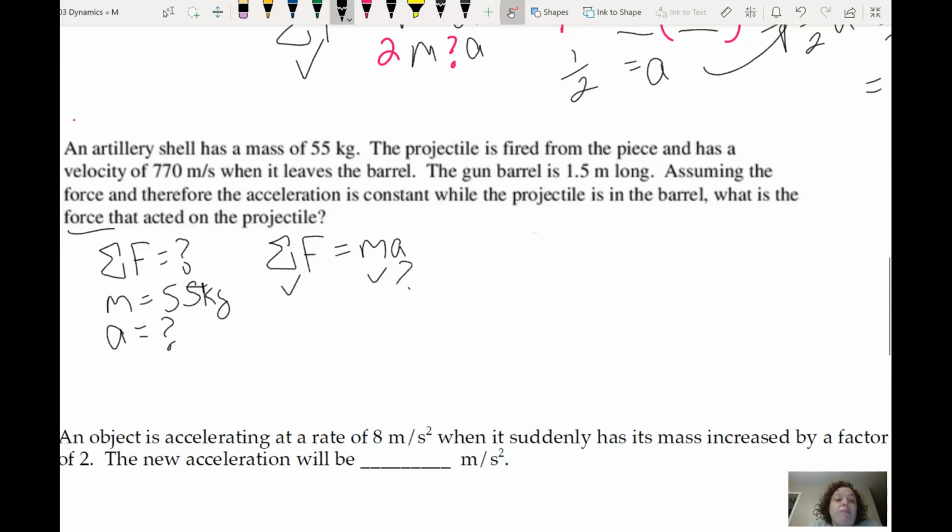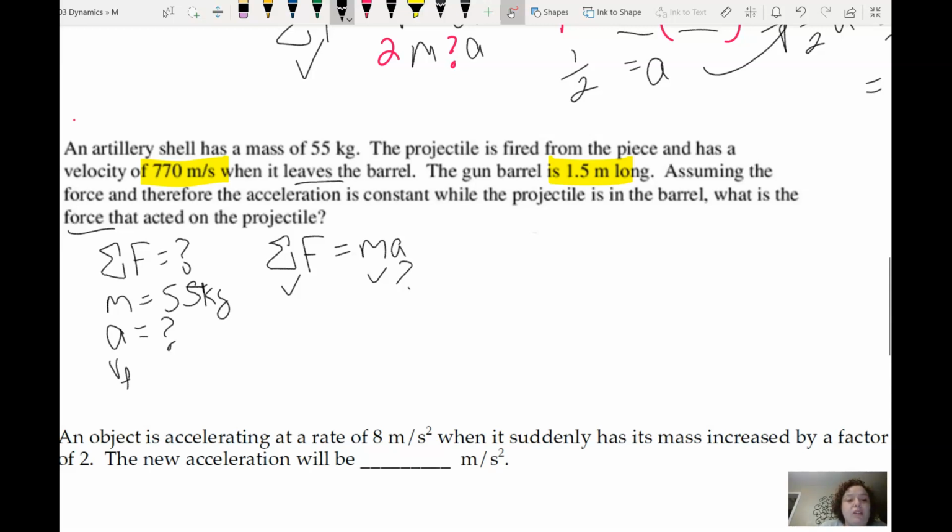So if I need my acceleration, from everything I'm looking at, I've got 770 and 1.5 meters long. This is telling me that I can solve for acceleration as a kinematics problem. The projectile is fired from the piece, and it has a 770 meters per second velocity when it leaves the barrel.